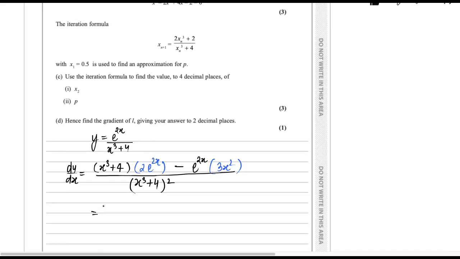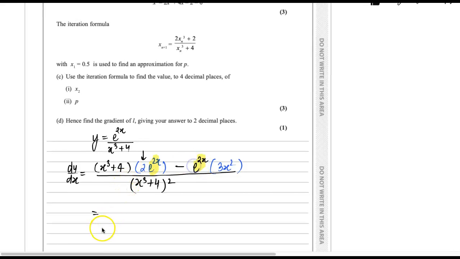Can we simplify it more? Let's see. Yes, probably, because we can take e to the power 2x common. Then we get e to the power 2x, and x cubed plus 4 multiplied by the 2 gives 2x cubed plus 8, minus 3x squared, over x cubed plus 4 squared.